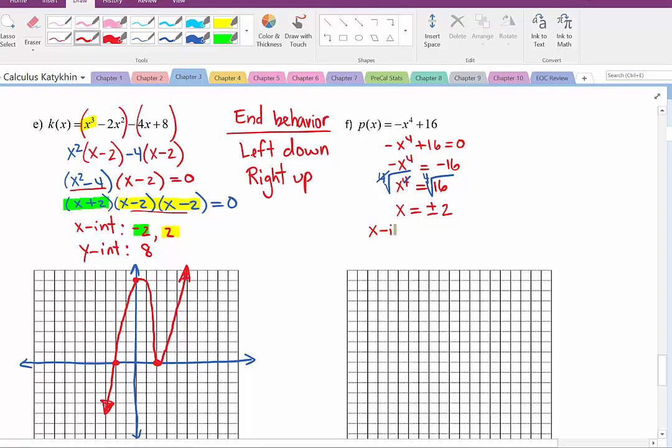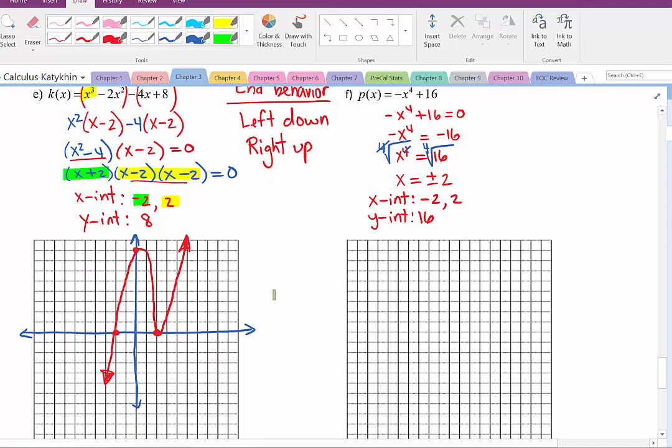That tells you the x-intercepts are at negative 2 and positive 2, which also tells you the y-intercept. If we plug in x is equal to 0, that would be 0 to the fourth power, 0 times negative is still 0, so that would be 16. To make our life a little easier, I'm going to count each square by 2 here, because we have a y-intercept at 16.